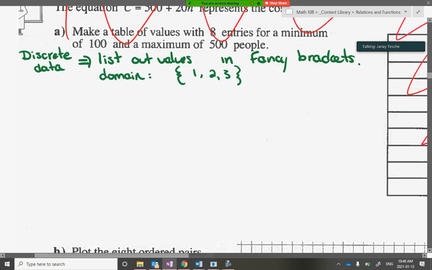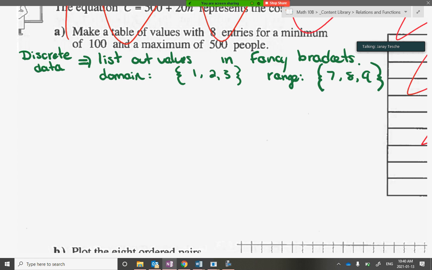Fancy brackets like that. Your range might only be 7, 8, and 9. Discrete data, super easy to do. I'm never going to give you discrete data that has a ton of things to write out. It'll be less than 10 data points you would write out. So it's basically your x values and then your y values.